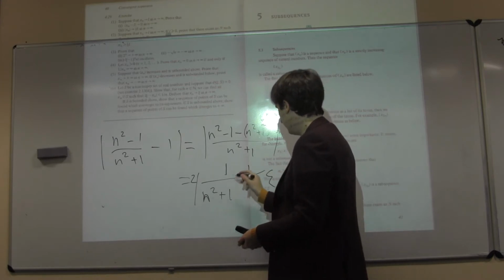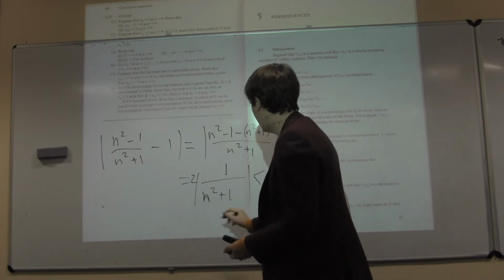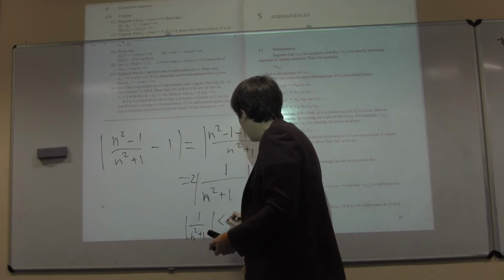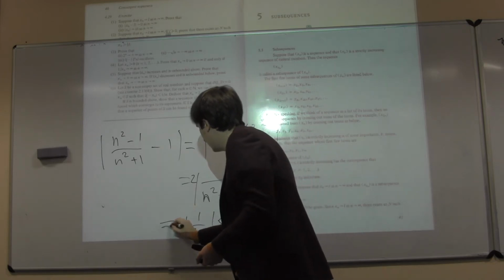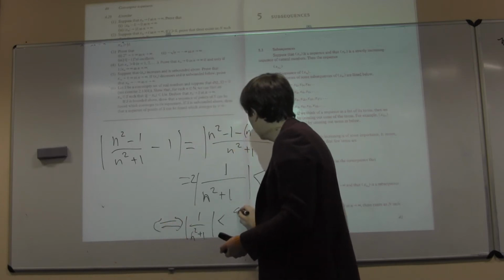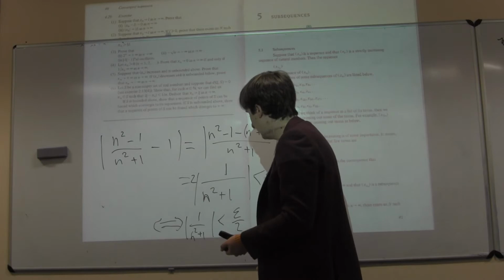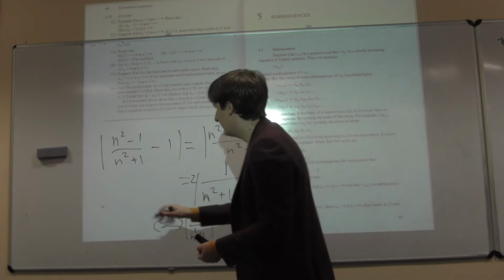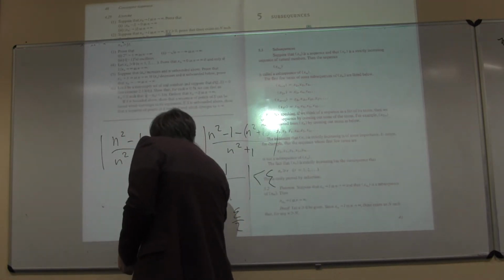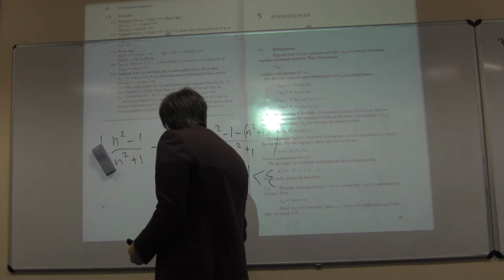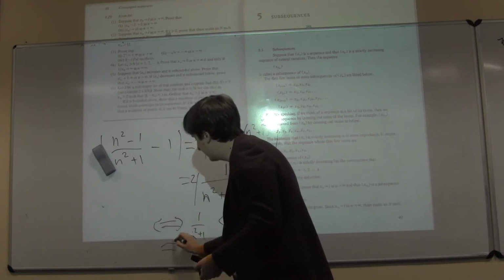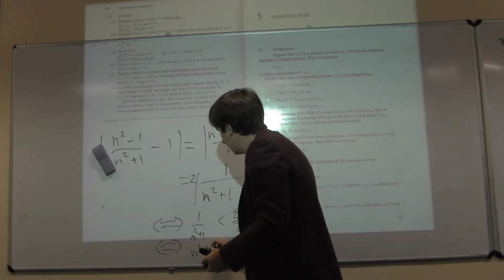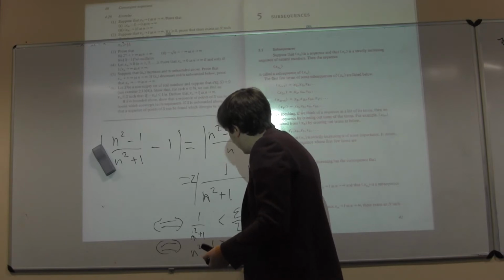So 1 over n squared plus 1 is less than, and this is true if and only if, we're kind of working backwards, that is less than epsilon over 2. n is positive, so this is all positive, so you don't actually need the absolute value. So this is true if and only if you invert both sides, so n squared plus 1 must be greater than 2 over epsilon.